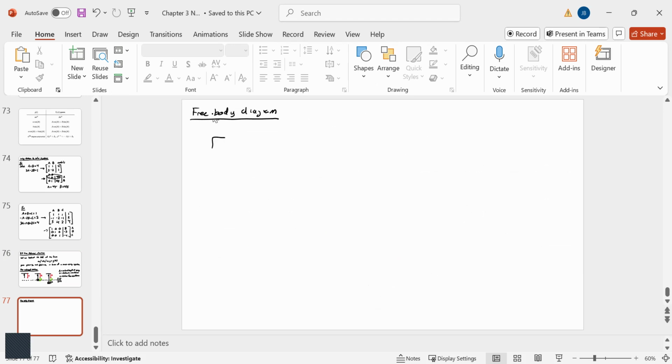So here's M. Again, if you wanted to, you could just draw a point because we're going to centralize it to the center of mass. There are two things acting on this mass, right? There is gravity, the force of gravity, which is pulling it down. And then there's something pulling it up, and that's going to be the force of the spring.